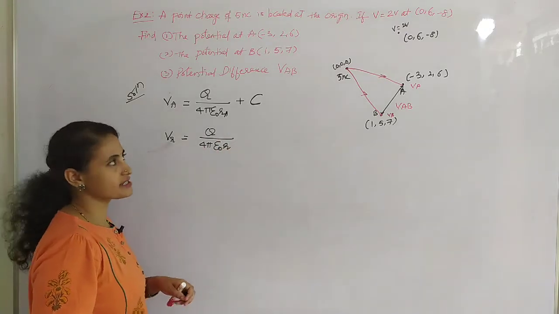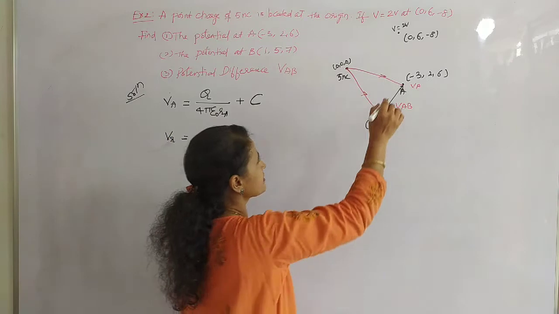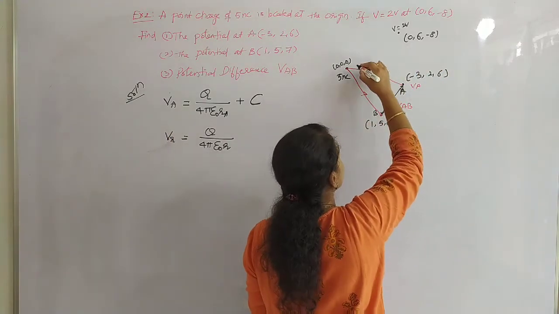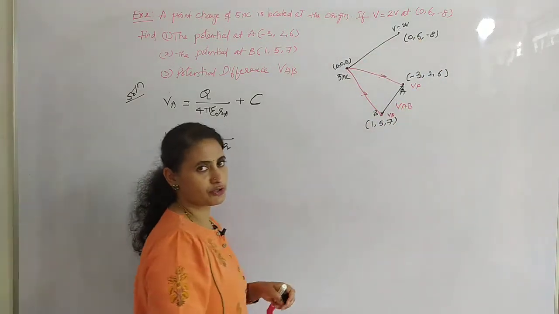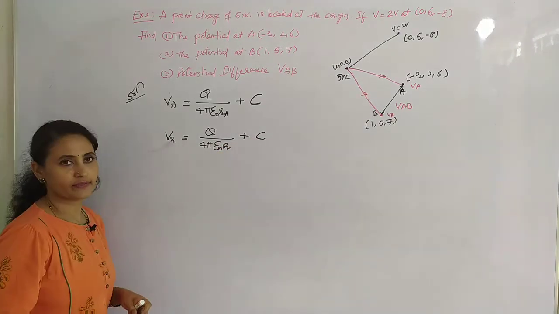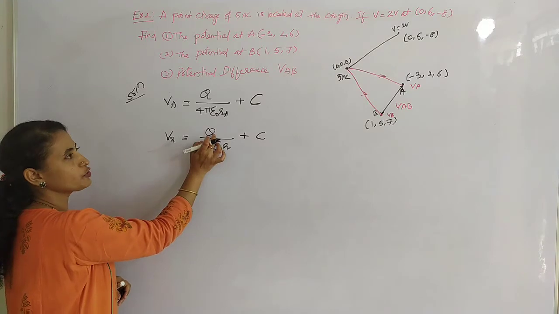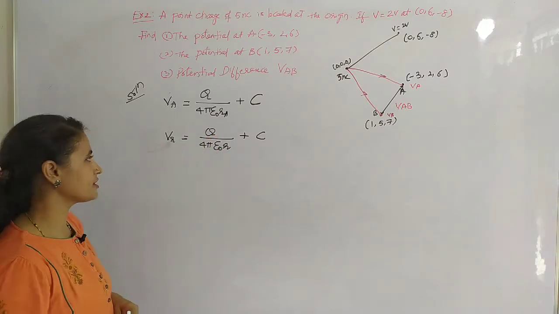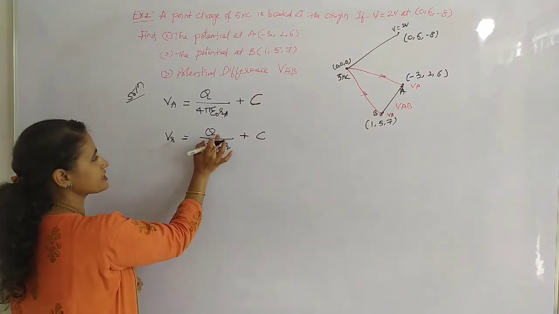Let the resultant distance be r1, that is the distance of the coordinates 0, 6, minus 8 from the origin, plus C. This is with respect to the point charge at the origin.